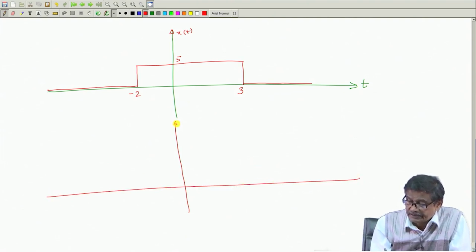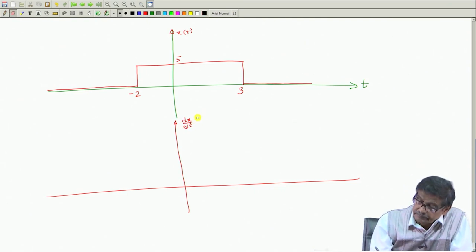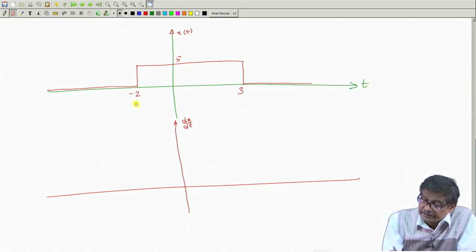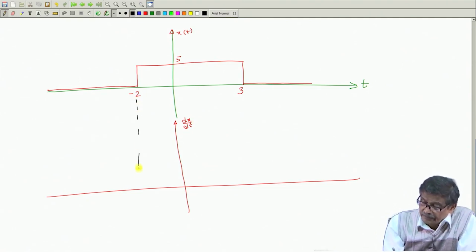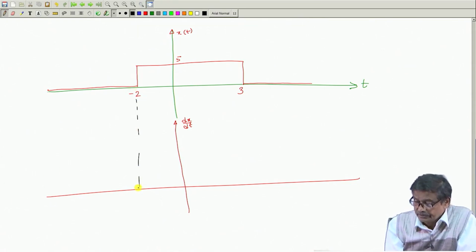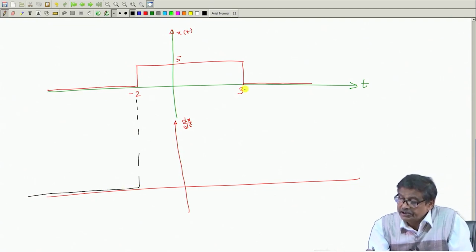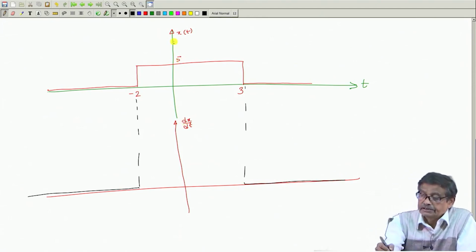Now I ask you, what will be dx/dt? For t less than minus 2 it has to be 0, because x(t) is 0. For t greater than 3, it is 0. I am sketching dx/dt; this is x(t).